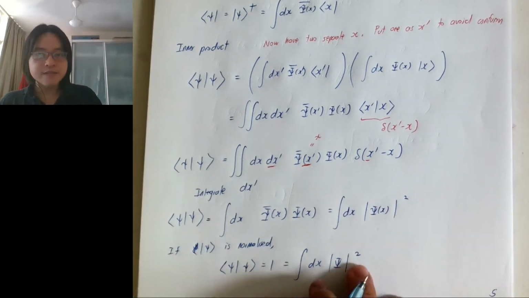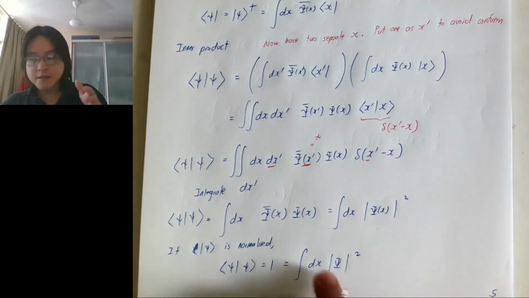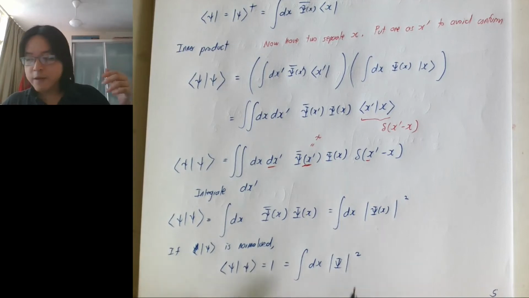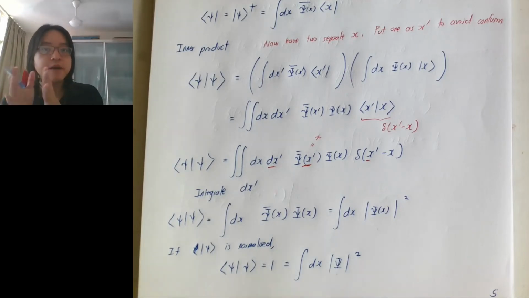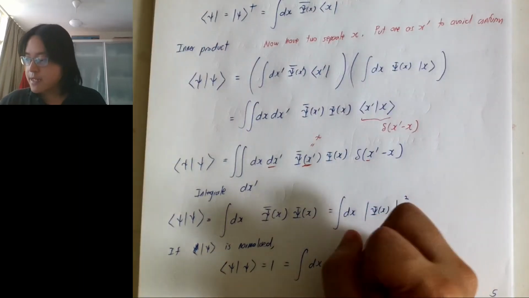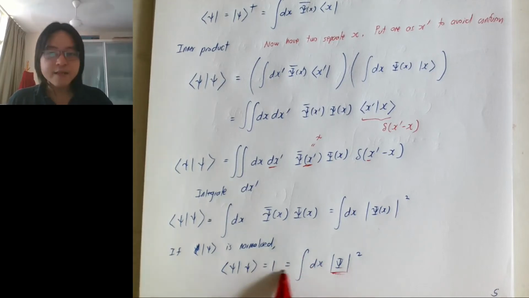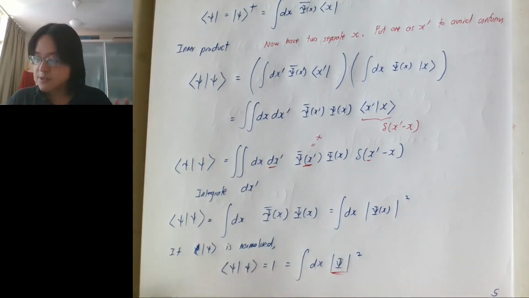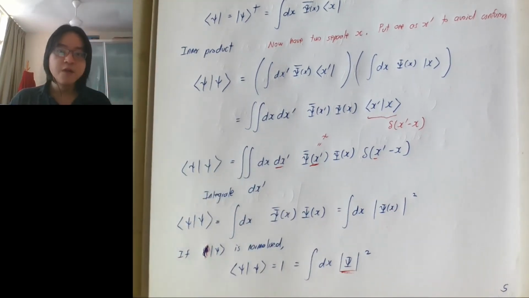Okay, so this is the condition that we encountered previously when it was a summation equals to 1, but now it takes the interpretation where the psi absolute value square is the probability distribution, right? So later, I haven't shown you yet, but the psi absolute value square is going to be the probability function. So the probability function, the area under the function must be equal to 1. So the same story happens here. This is why we need to normalize the state.